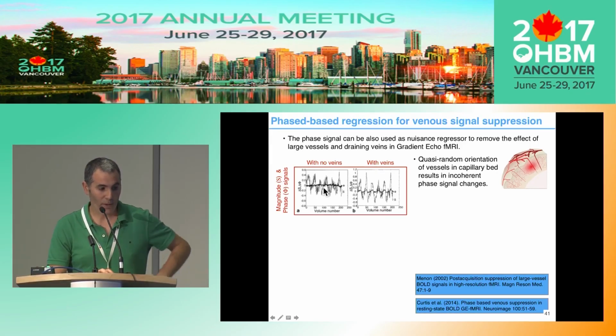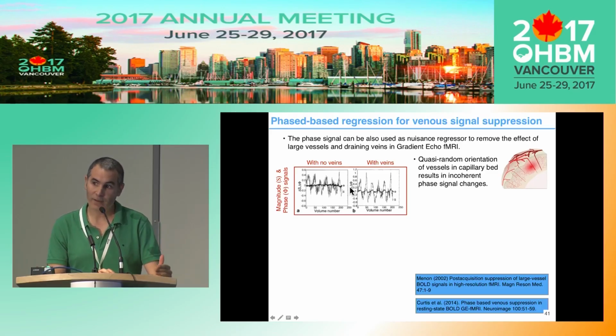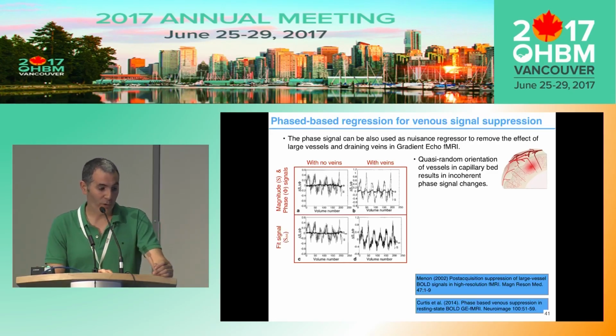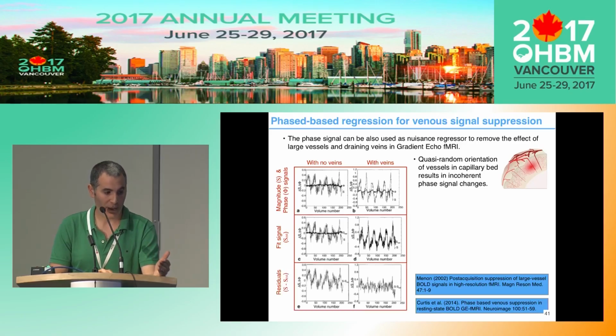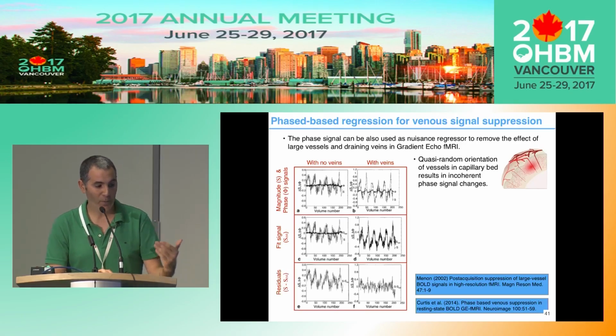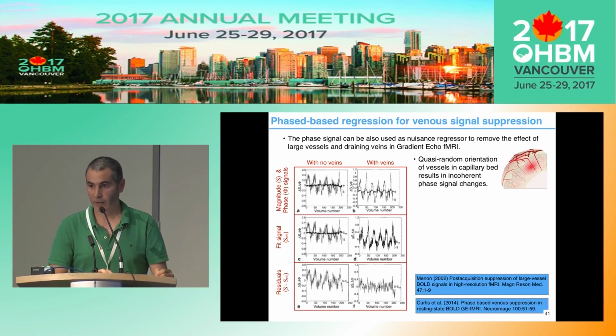Whereas when you are in a vein, those task-related signal changes can be observed both in the magnitude time series and also in the phase time series. So what you can do is to actually fit that phase signal to the magnitude signal and then remove the effect of the large vessels.